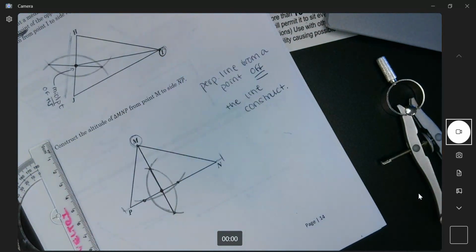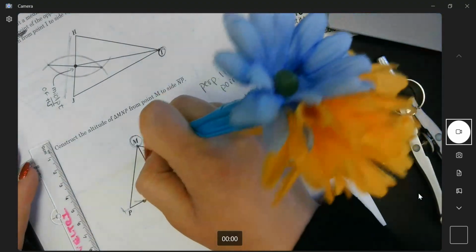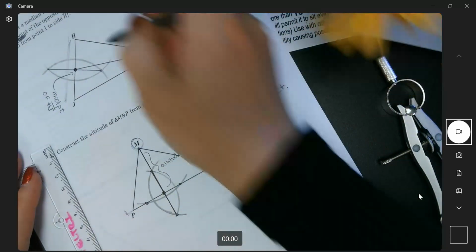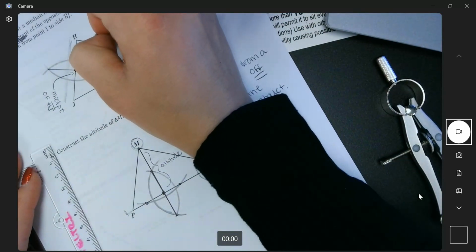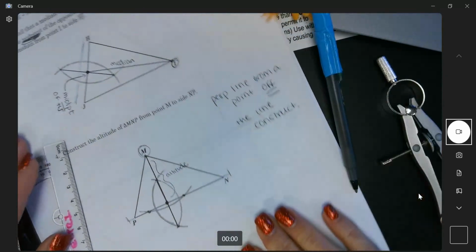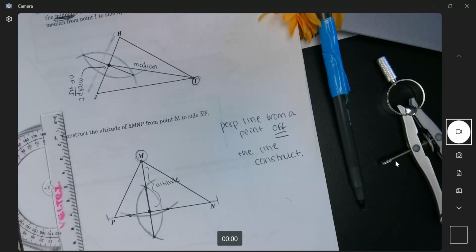And there's that altitude. Okay, so this here is your altitude, and then this segment here is your median. Done. Okay. Here we go.